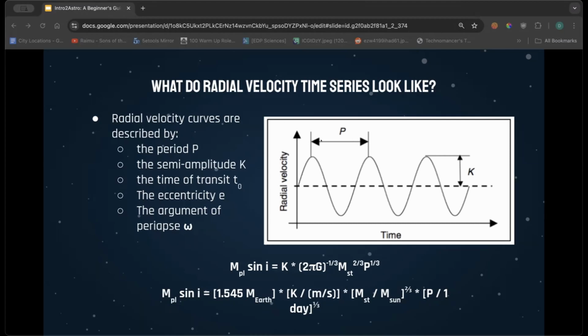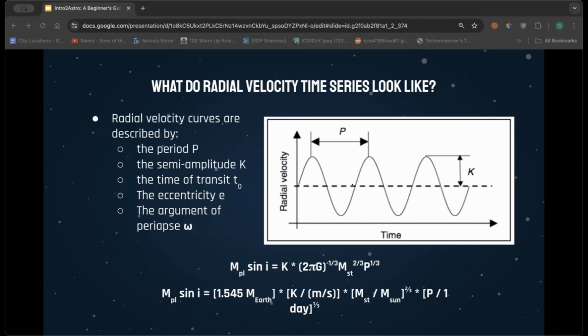The time of transit, T0, is the epoch. That tells us at what time does a planet transit. And that has the effect of shifting the radial velocity curve to the left or to the right. So normally at an epoch T0, when the planet is transiting the star, the planet is just straight up pulling on a star, and so it's pulling on a star straight towards us.